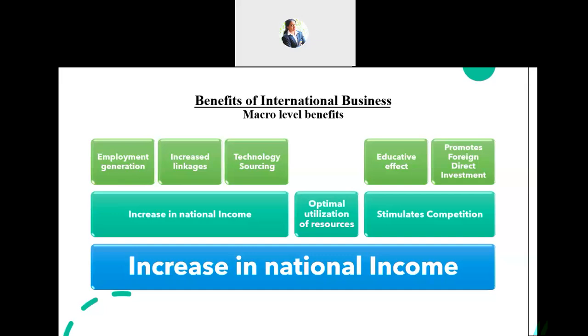The next advantage is that it stimulates competition. When a company goes for international business, this international business always fosters healthy competition and helps in curbing all the inefficiency that would be present in monopolies. It establishes growth of competitive economies higher than the growth rate of protective economies.